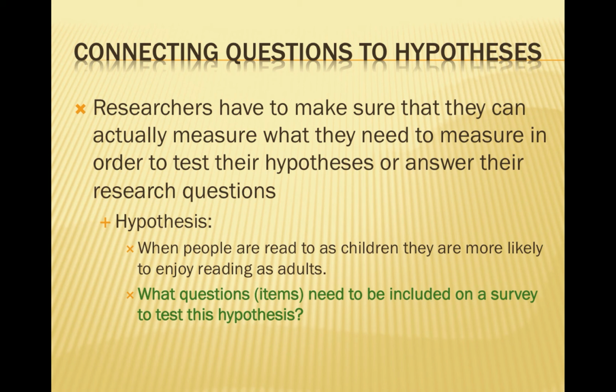So they could have been read to by teachers, by parents, by babysitters, by siblings, by friends, etc. And then you would ask them how much they enjoy reading as adults, or how often they read for pleasure, and so on. So you see, you would have to have all of those on there to answer that question. You couldn't just say, do you like reading? Because you can't connect that to being read to as children. Hopefully that makes sense.